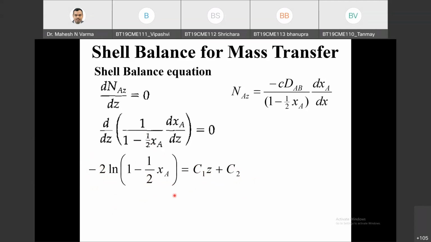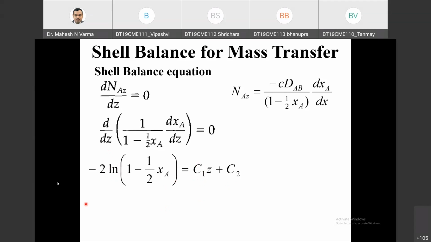Because the logarithm is there, it is always better to handle a linear equation so as to estimate the constants C1 and C2. So what trick are we using in all the problems?